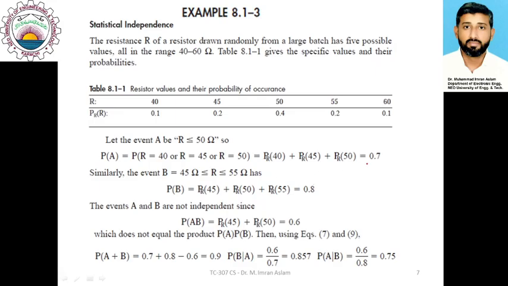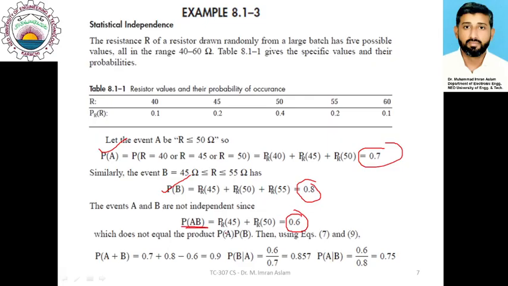You can see that if I multiply 0.7 with 0.8, that is the probability of A multiplied by probability of B, this multiplication comes out to be 0.56, which is actually not equal to 0.6, their intersection.